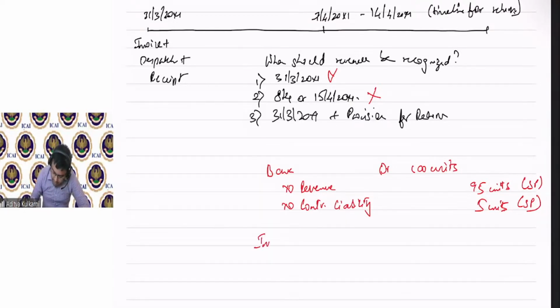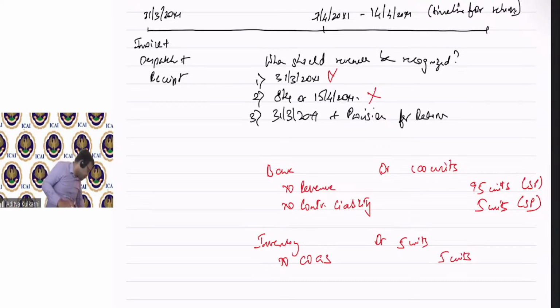So that will be inventory account debit to COGS, in respect of 5 units. Did you understand? COGS is going to be reversed.